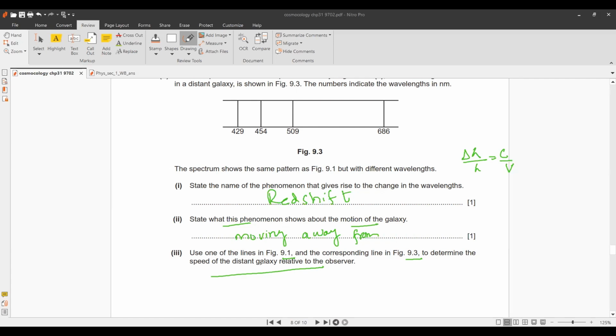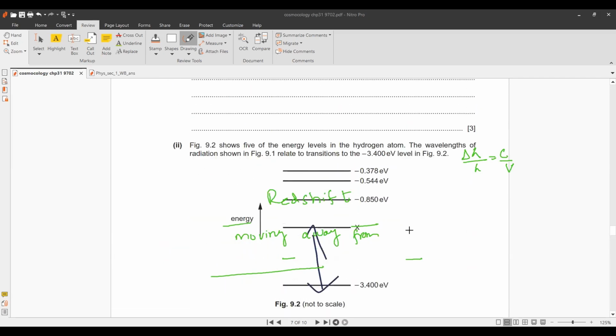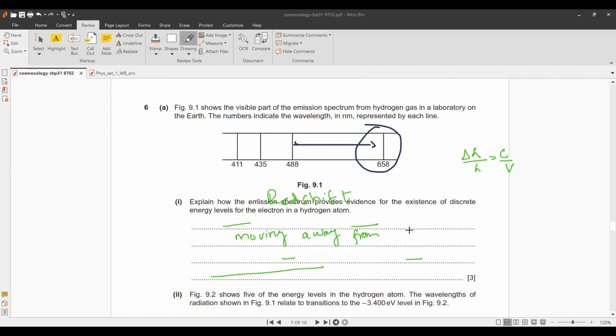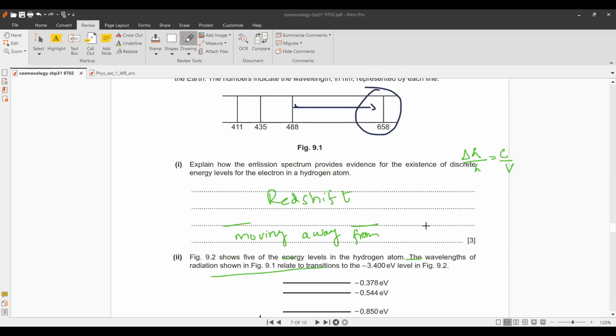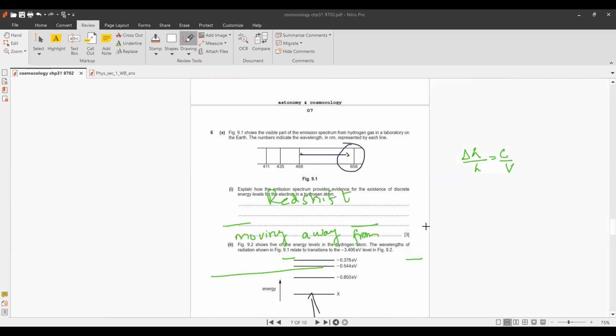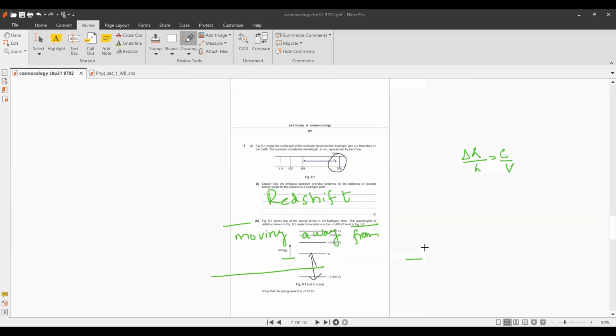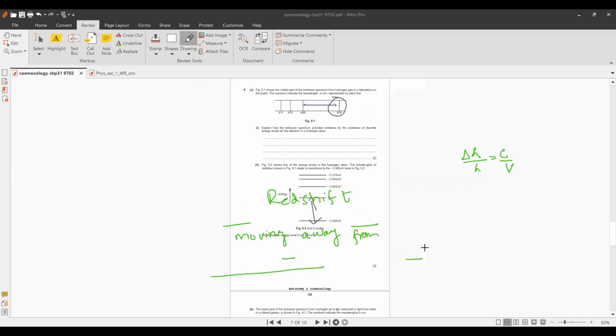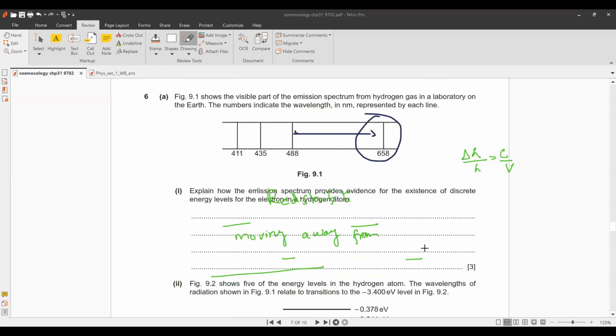We have to compare these two wavelengths. 686 we have here, and 658. Let me see if you could see both at the same time. No, it would have to be made very small. Anyhow, we have two values. Obviously, 658 would be our original wavelength.